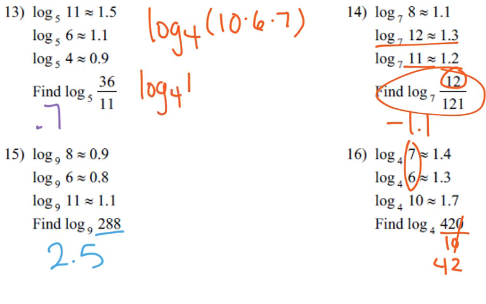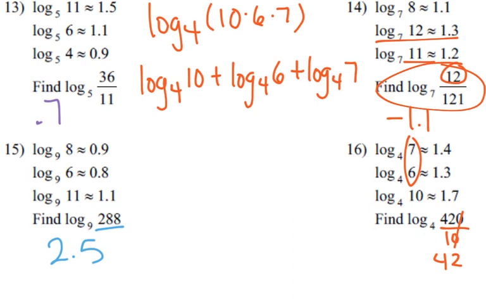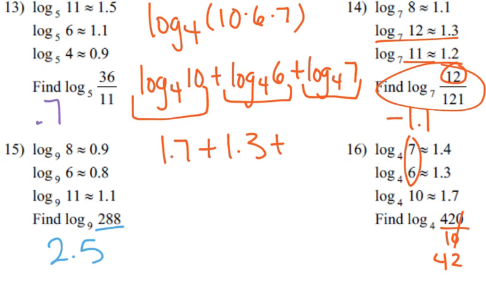Log base 4 of 10 plus log base 4 of 6 plus log base 4 of 7. Then we see what they each are. So we get 1.7 here, 1.3, and 1.4. So that'll be 2, 3, so 4.4.